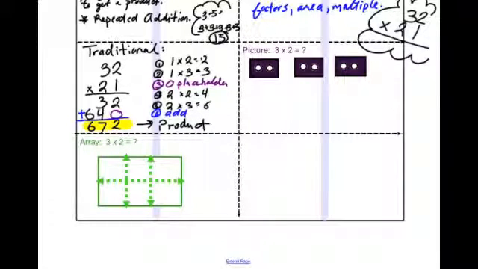The total number of parts in my rectangle is my solution. So as you can see, if we count, I have 1, 2, 3, 4, 5, 6 boxes inside my rectangle. And as I'm sure you know, 3 times 2 equals 6. So again, this is a method that is going to be most valuable for smaller numbers.